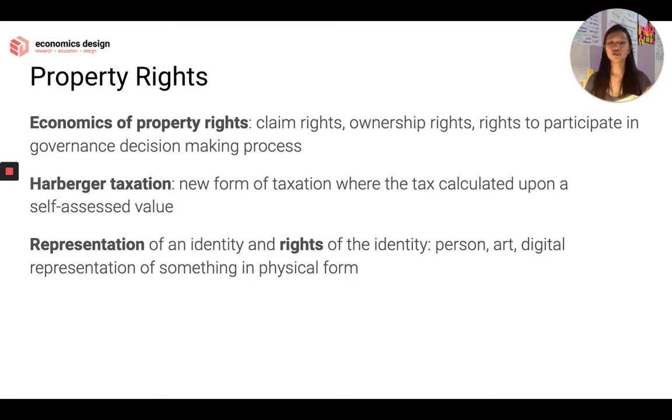We are also looking at a new taxation model called Harberger's taxation. It's by an Austrian economist, whose research is all about taxation. So he's looking at new forms of taxation.